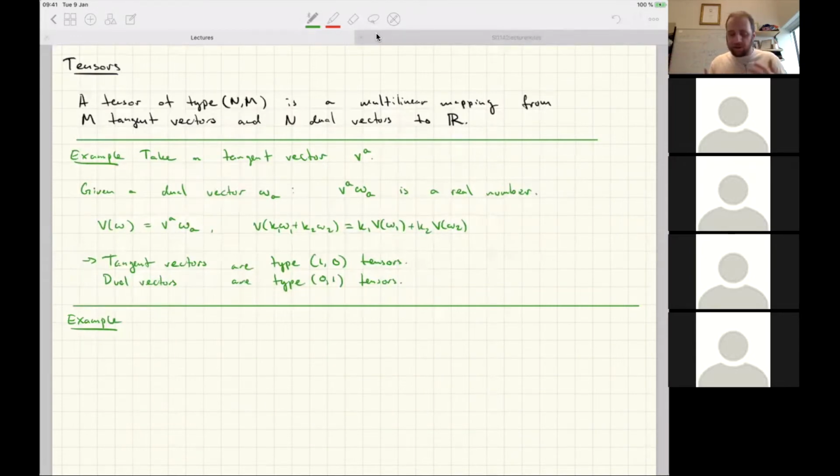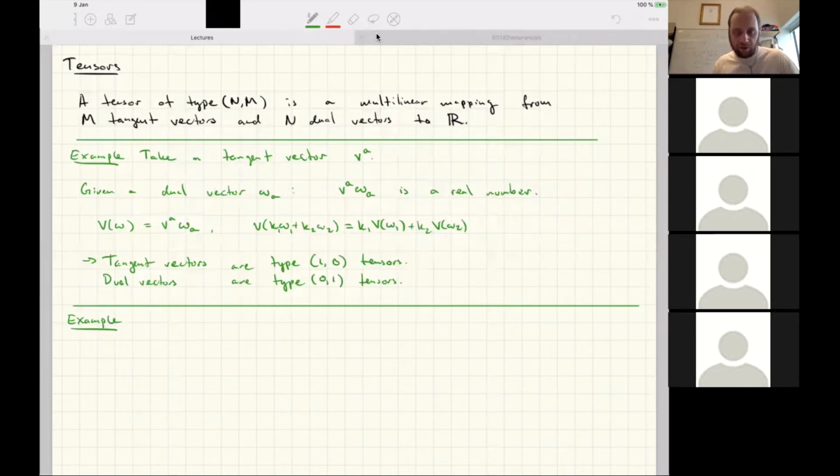Now, it turns out that it is essentially the same thing, because a vector is a mapping from a dual vector to a real number. So it's essentially the same.